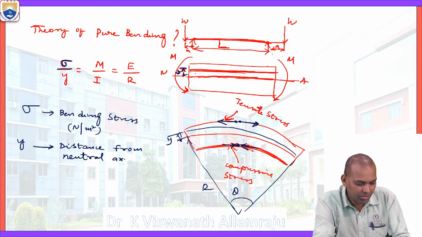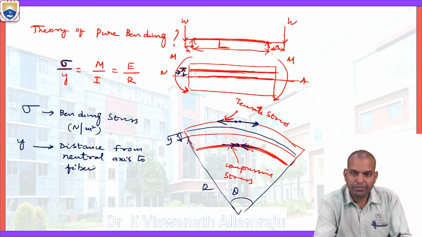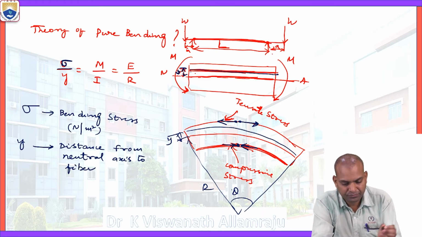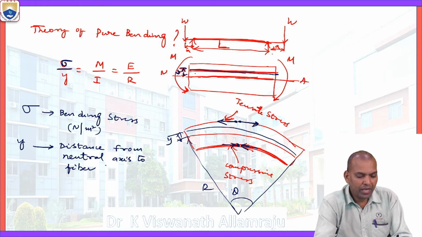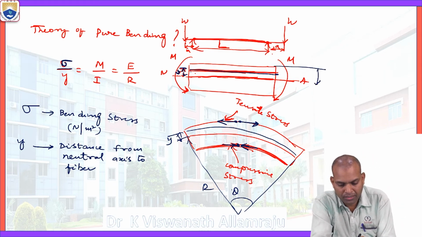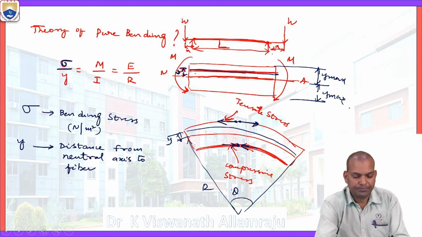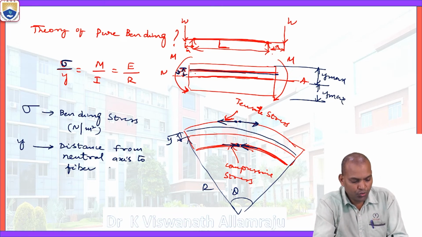This is the fiber. So y becomes y maximum for the topmost layer or bottommost layers. Both are y maximum.